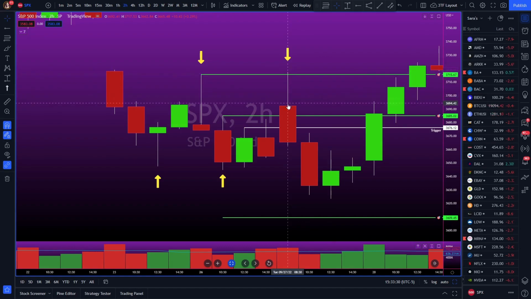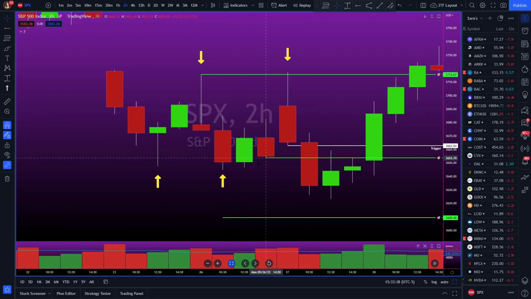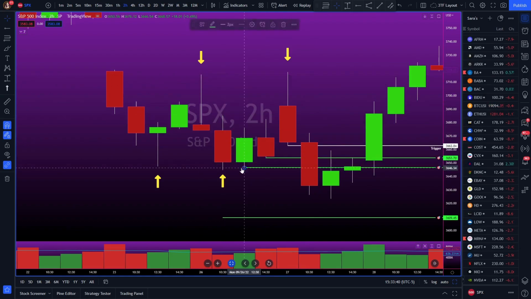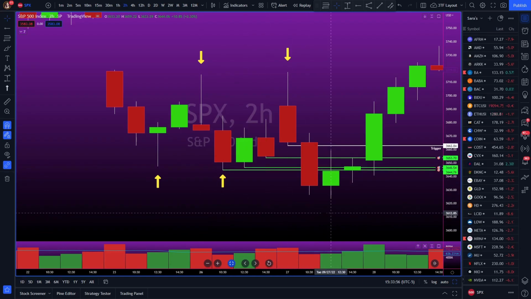Okay, so then what's the next setup? A 2 up followed by a 2 down. What are your targets? A new pivot low. So price made a new pivot low. So now you're exhausted again. Okay, then what happened?